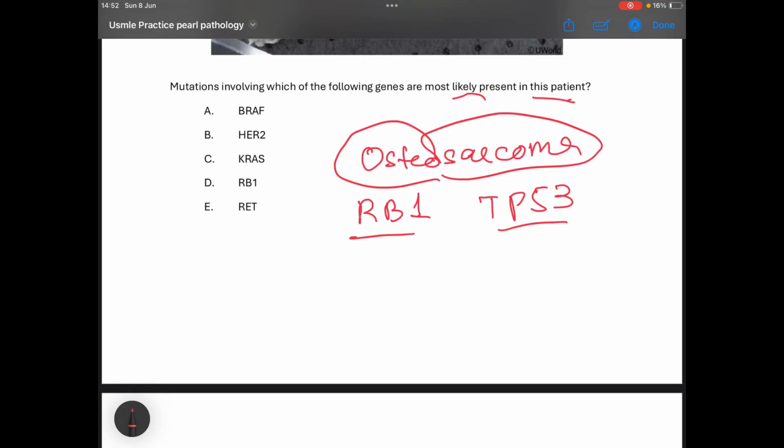Inactivating mutation of RB1 promotes unchecked, upregulated cellular replication and is associated with osteosarcoma, retinoblastoma, melanoma, and soft tissue sarcomas. First you have to remember these two genes are responsible for osteosarcoma, but RB1 is particularly responsible for retinoblastoma.